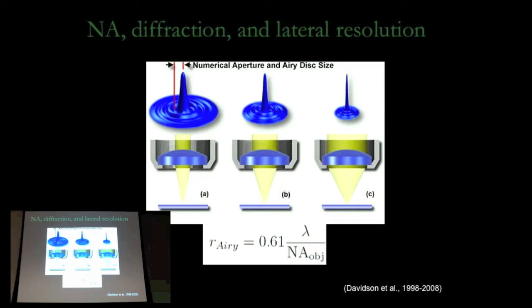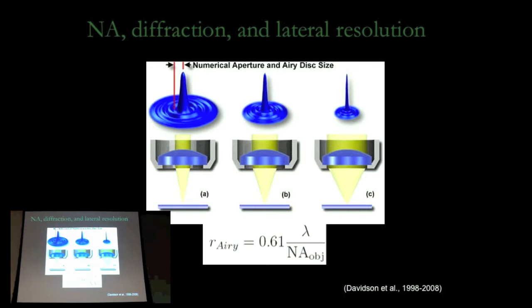As the numerical aperture increases, the size of the point spread function changes. If you have a very tiny point source of light, it's going to get diffracted by the optics, so that the light from the point source gets smeared out into a disk. It looks like this, with an intense peak at the center and waves going off.